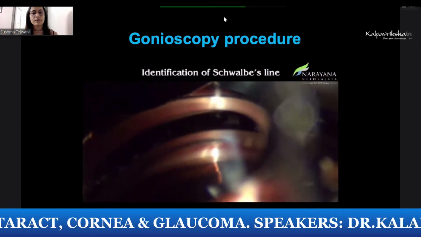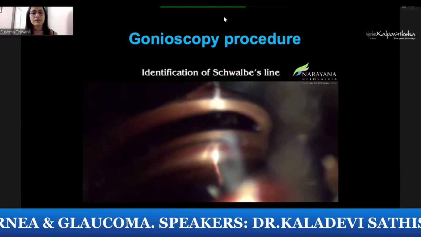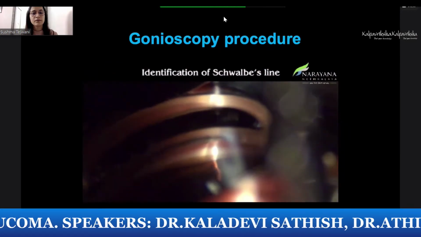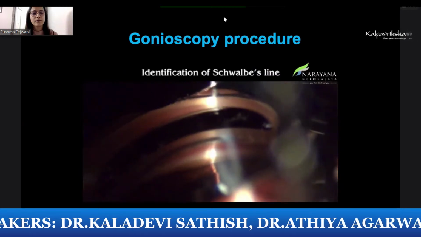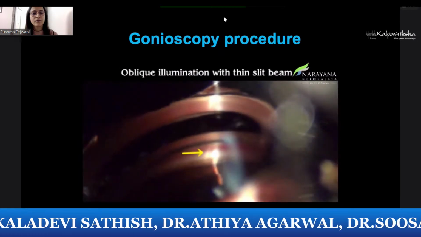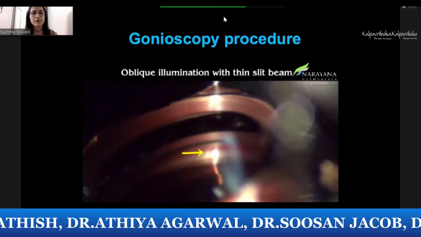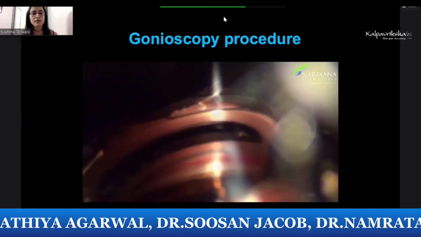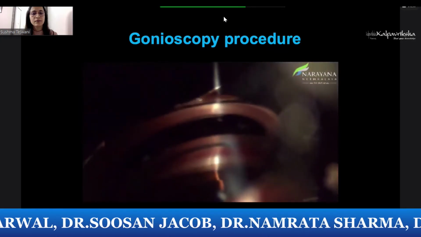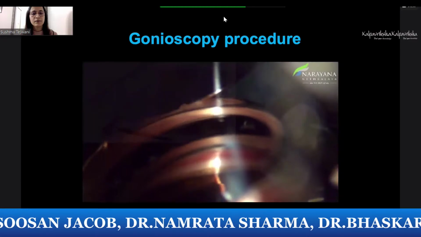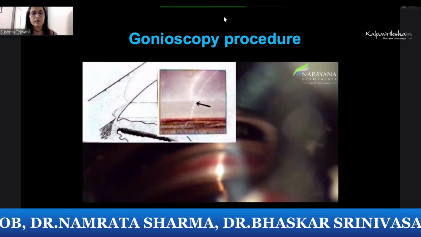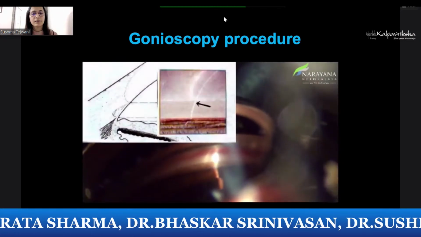To identify angle structures, it is important to identify the Schwalbe's line, and that is done by making a thin slit beam and oblique illumination on the slit lamp while performing gonioscopy. In the superior or inferior mirror, one can observe collapsing of the light beam that illuminates Descemet's and Bowman's membrane.